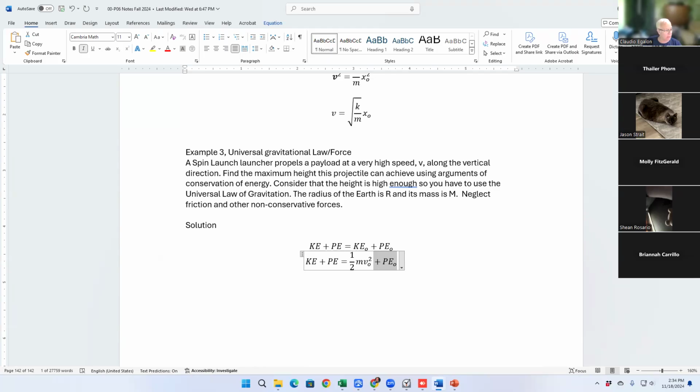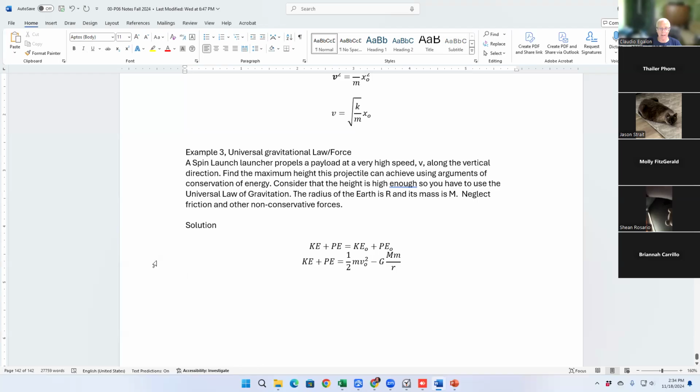It's going to be minus big G, big M, which is the mass of the Earth, times the mass of the payload, small m, divided by the distance of the small mass from the center of the Earth. Okay, it has a negative sign. There's a negative sign here.